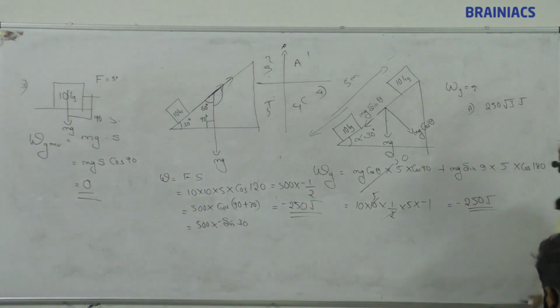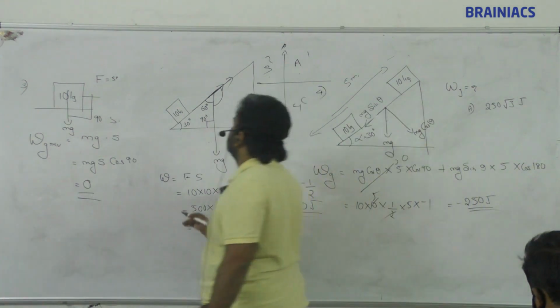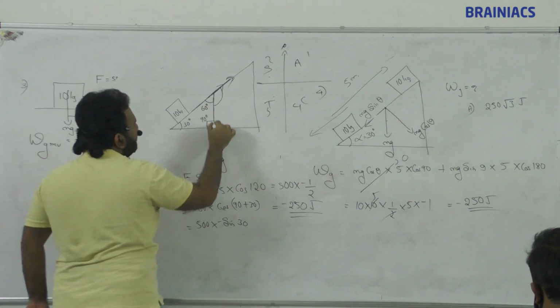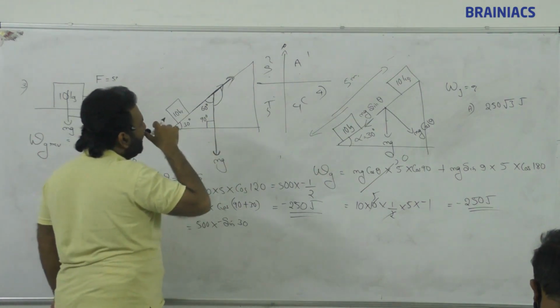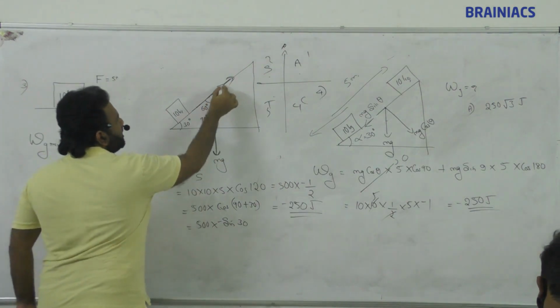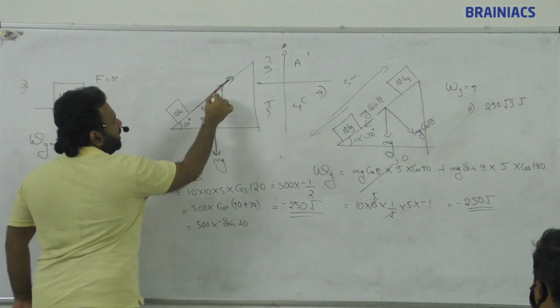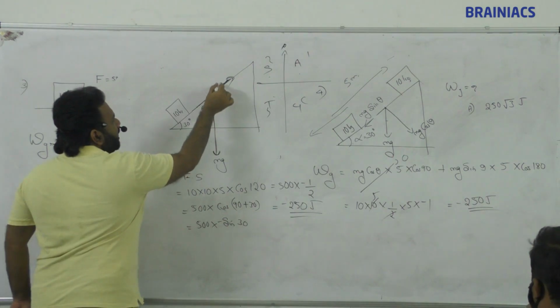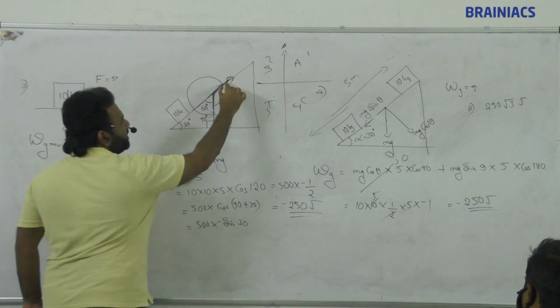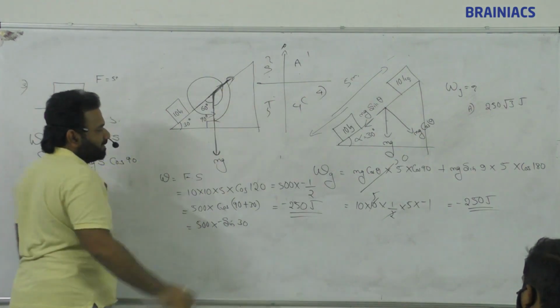If two vectors are acting, how are we able to measure the angle between them? If this is one vector and this is another vector, either we can measure like this, otherwise we can measure like this.